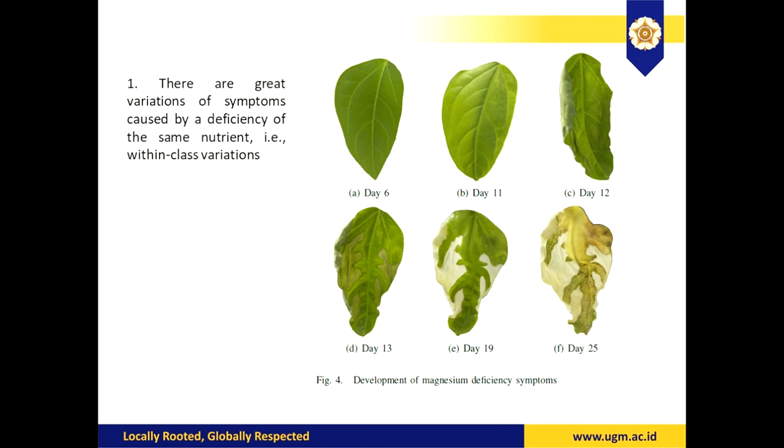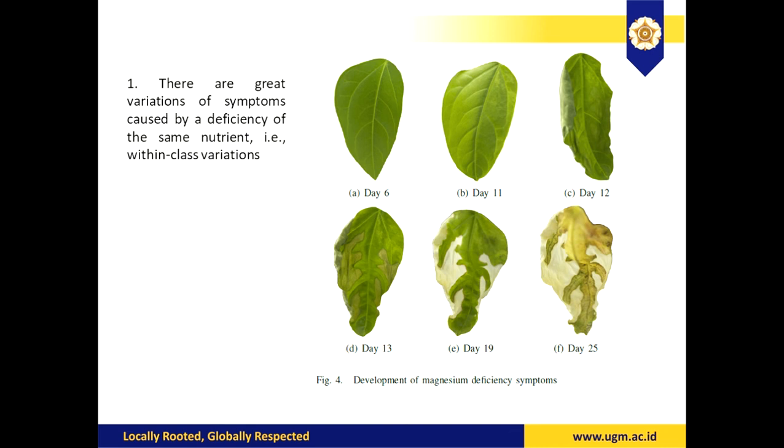Based on the result, there is great variance of symptoms caused by deficiency of the same nutrient, within-class variation. Figure 4 demonstrates a progressive development of symptoms caused by magnesium deficiency. The symptoms became slightly noticeable on day 11 after stress and greatly developed since then.